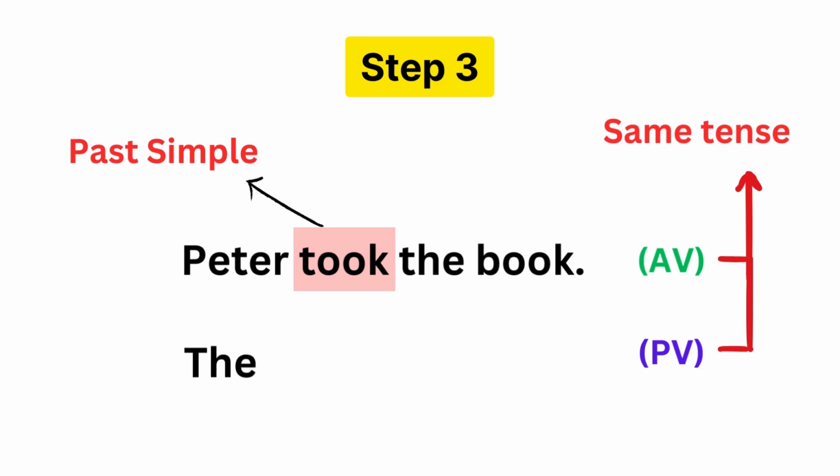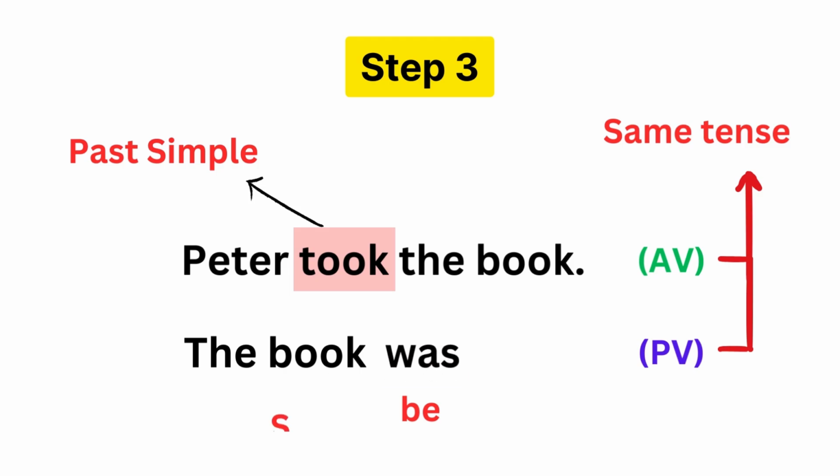Peter took the book. Now, based on the tense of the active sentence, which is simple past, we apply the structure of passive, be, plus past participle on the passive sentence. We choose the past verb, was, for the new subject, the book. Up to now, our passive sentence looks as follows. The book was.